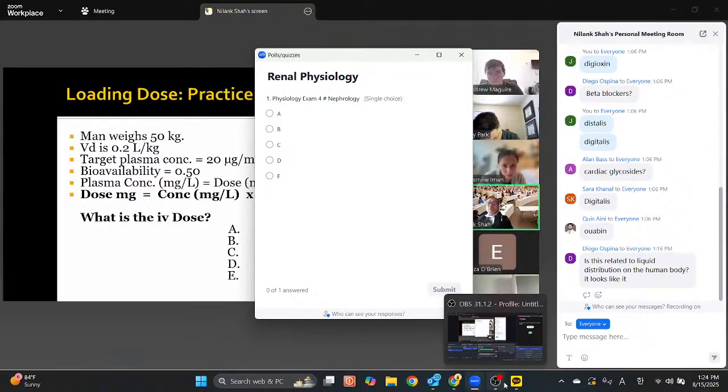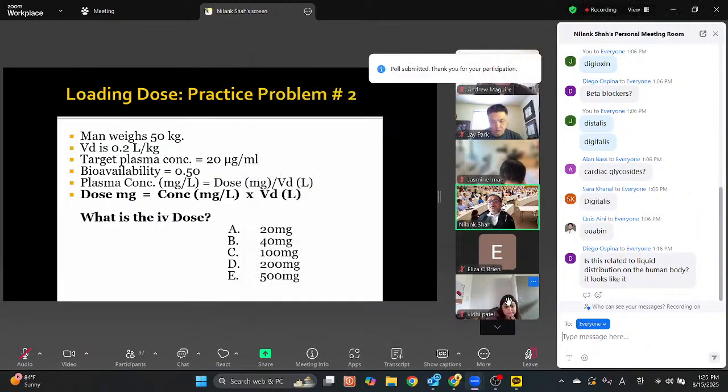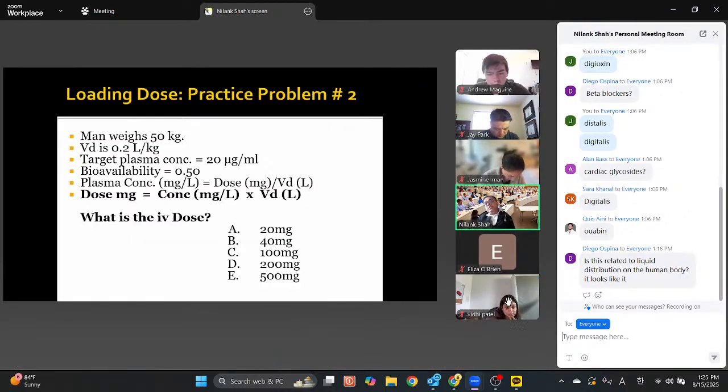The reason why we don't take bioavailability into account, Andrew, when we have to calculate VD, is that for VD it's all about intravenous dose administration, and intravenous is always 100%. Okay, make sense?